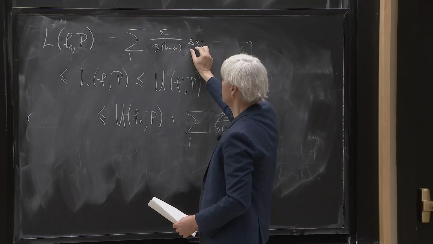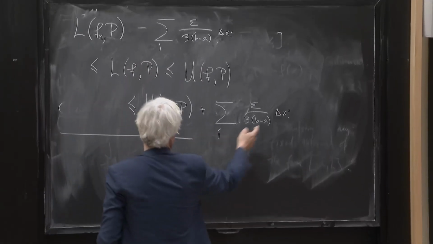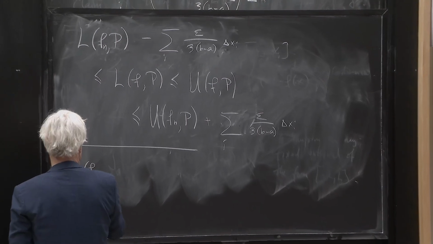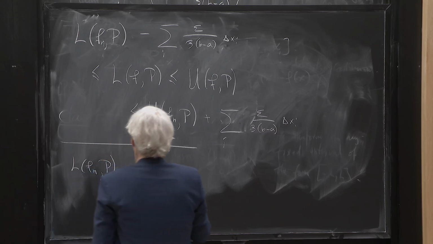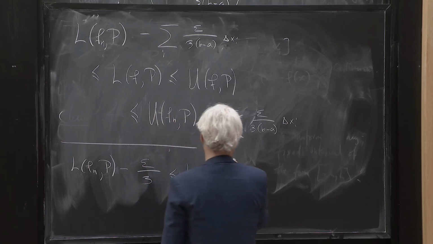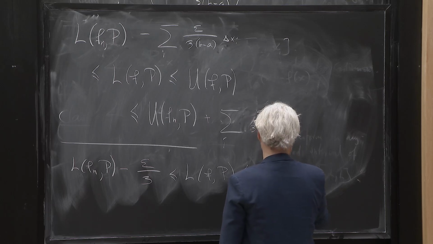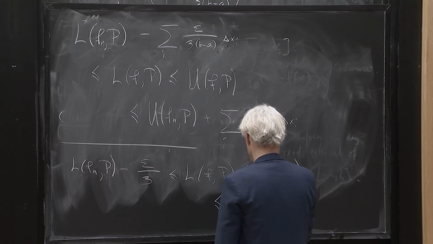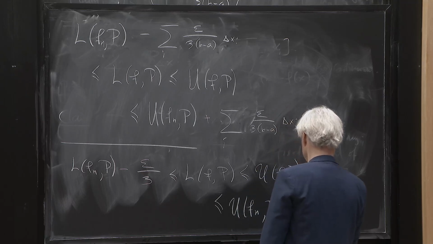And the sum of these differences just gives you b minus a, right? So if you put that in, and you get exactly the same on this term, then you have that L(f_n, P) minus epsilon over 3 is less or equal to L(f, P), which is less or equal to U(f, P), and this is less or equal to U(f_n, P) plus epsilon over 3.